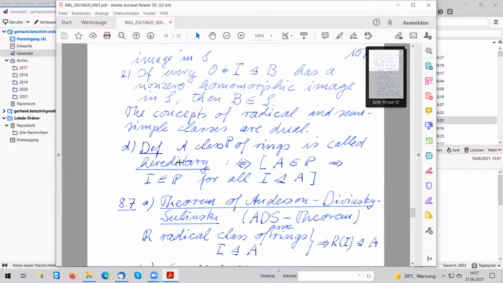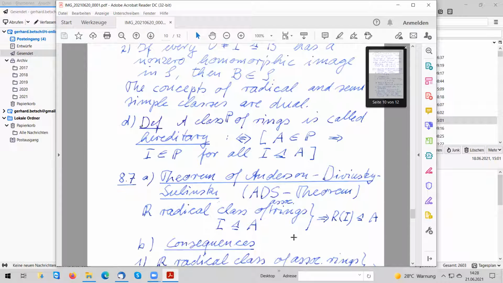If R is a radical class of associative rings and I is an ideal in A, then we know that I is an ideal of A.